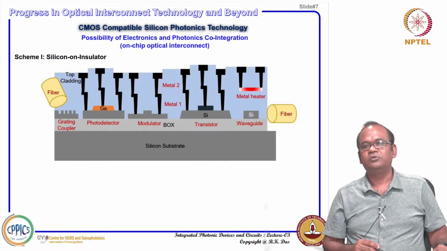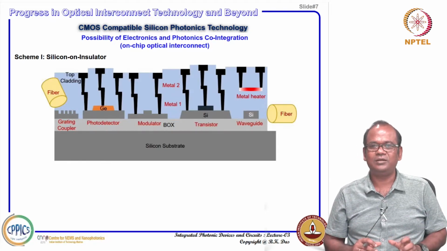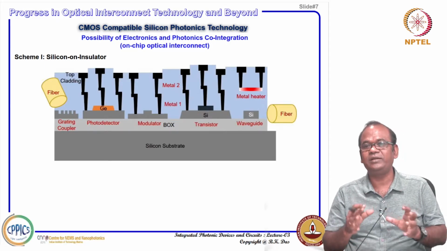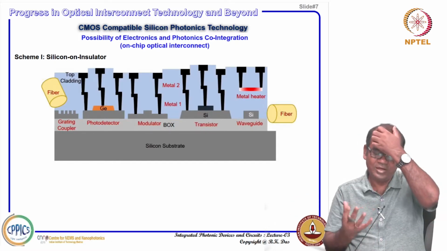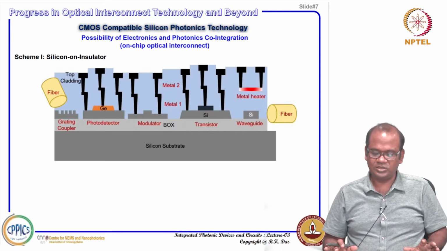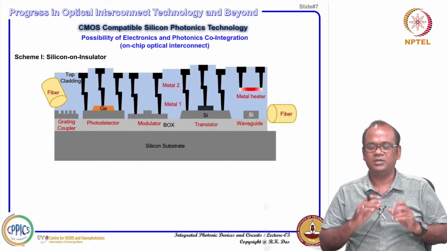Yeah. So, for on-chip communications, whatever the previous model says, you have to co-integrate electronics and photonics using the same technology. How is that possible? This was just an artistic sketch, so that you can see it is possible to integrate both photonics and electronics together.